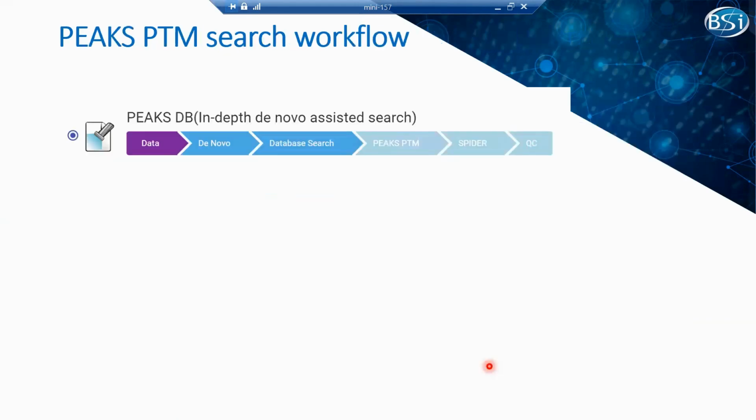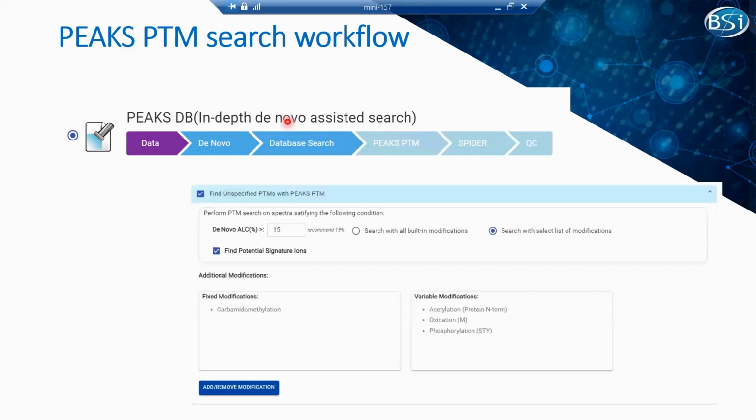Okay, then let's summarize the workflow here. Just like we mentioned before, PEAKS PTM is now an option in our PEAKS DB search, after the normal DB search. You will have an option here: click here to find unspecific PTMs with PEAKS PTM.